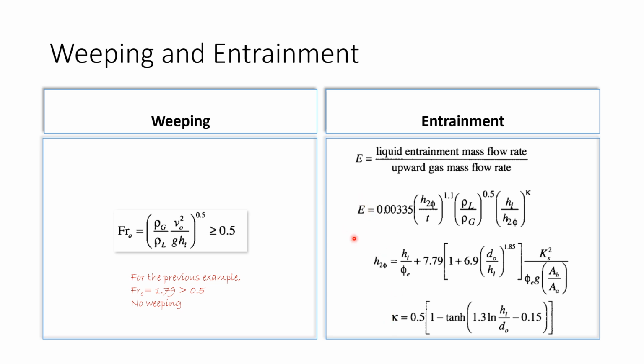And once we calculate E, we need to make sure that the value of E is not too high. And this is basically a judgment by the engineer whether this value is too high or not.